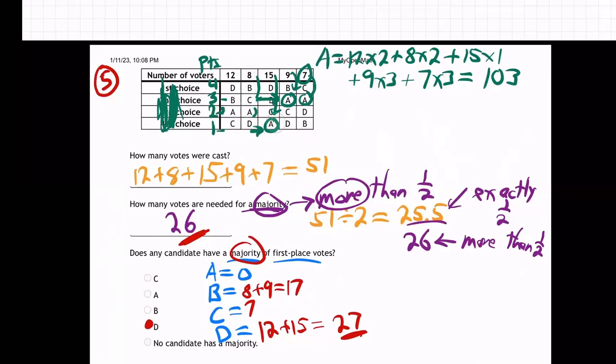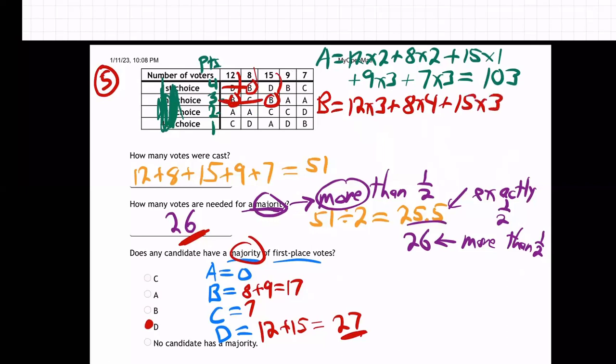Do that all again for B. So here's B. It's 12 times 3. 12 people gave B 3 points. Here's B. 8 people gave B 4 points. Plus, here's B. 15 people gave B 3 points, 15 times 3.